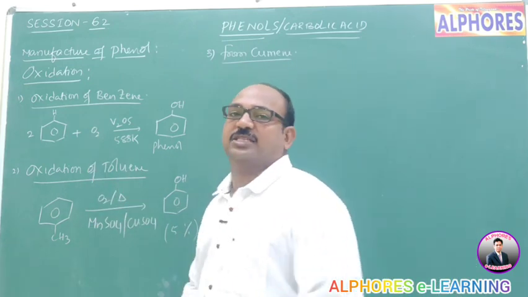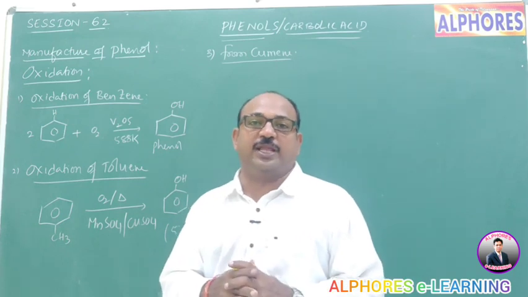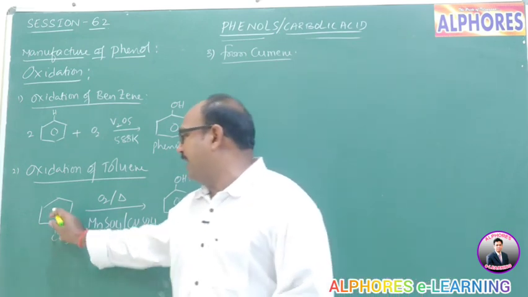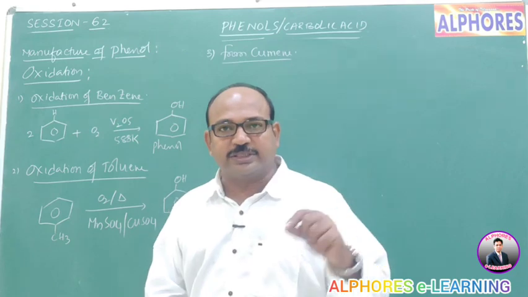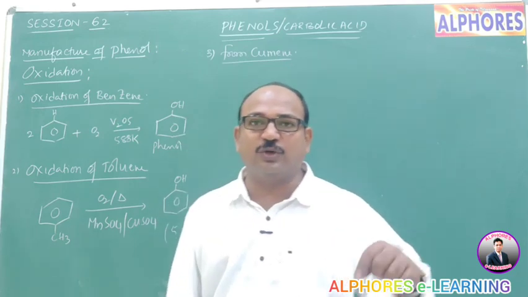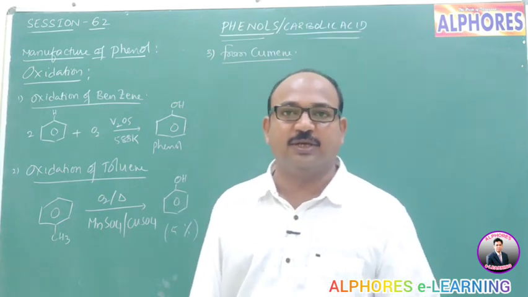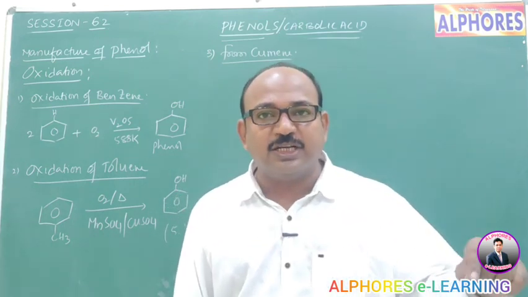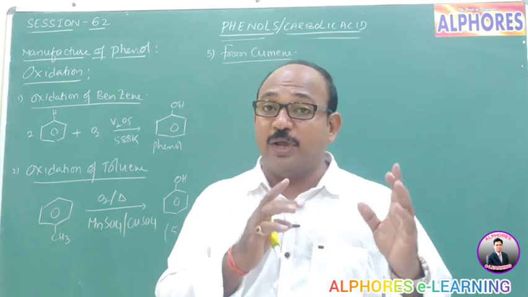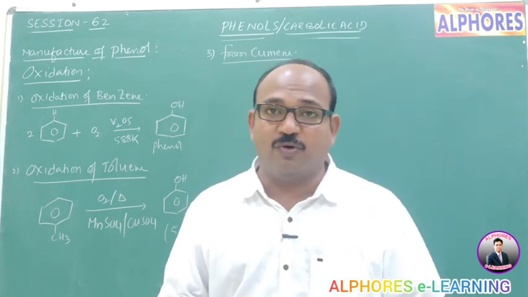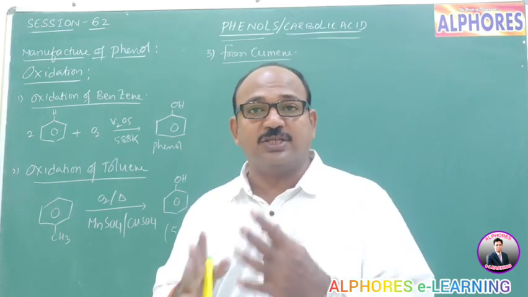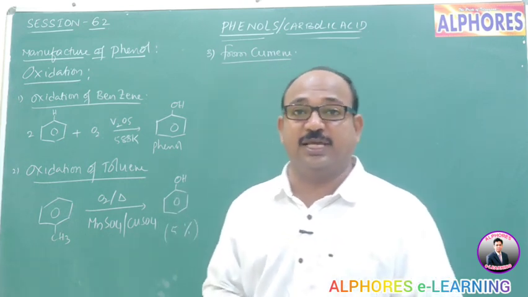Similarly, during oxidation of toluene, in general what do we expect? For a ring containing an alkyl group, during oxidation the alkyl group converts into carboxylic acid, meaning CH3 converts into COOH, using strong oxidizing agents like KMnO4 or K2Cr2O7.